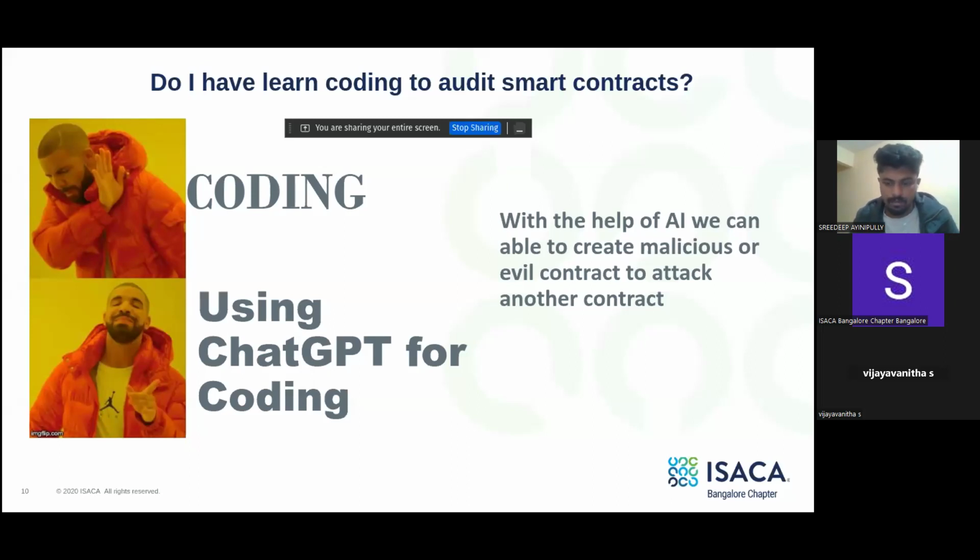But for developing such a contract, you need programming skills. There is no doubt about it. But ChatGPT can also be used to make this evil contract. Right now the trend is on AI, so why should everyone want to learn such a programming language? But I always encourage people to go and learn Solidity, so that won't be a problem.